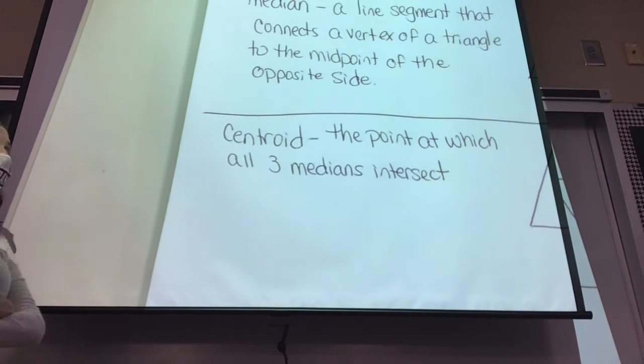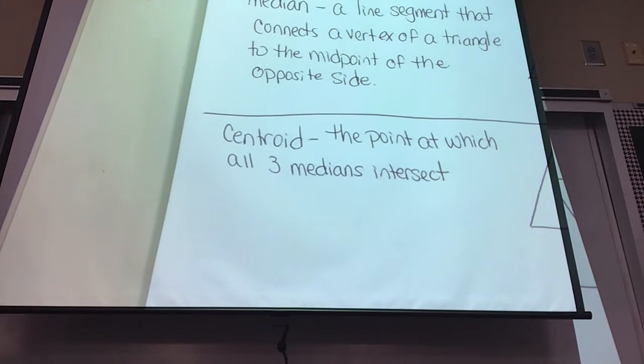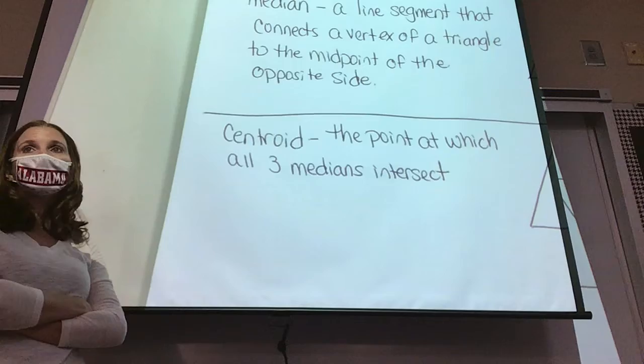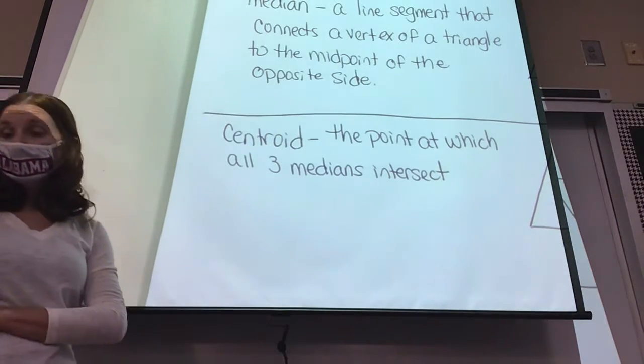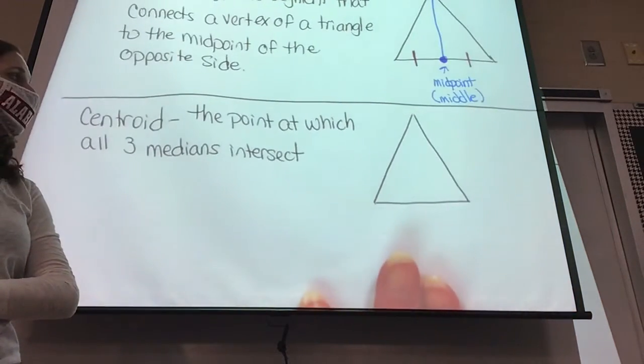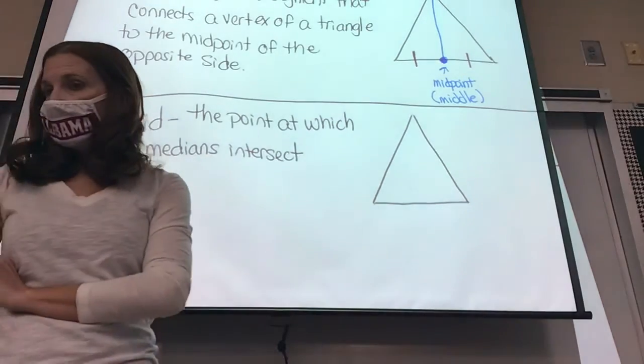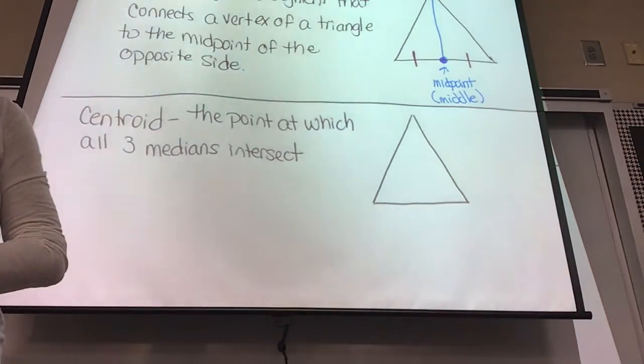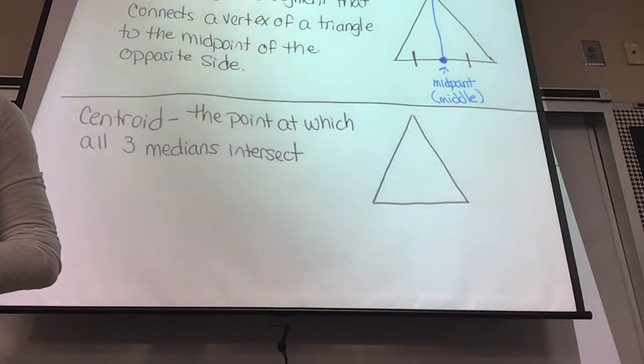Okay, so you have already drawn a triangle on your paper. Now, I'm going to show you the point at which all three medians intersect. So we're going to do exactly what we did up there on the median. So I'm going to go back to my triangle. And this is where I told you could get 3 different colors.